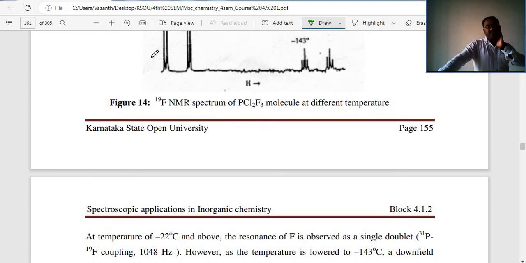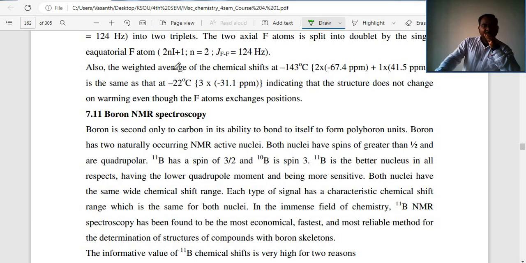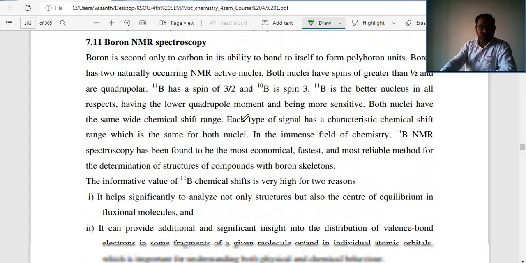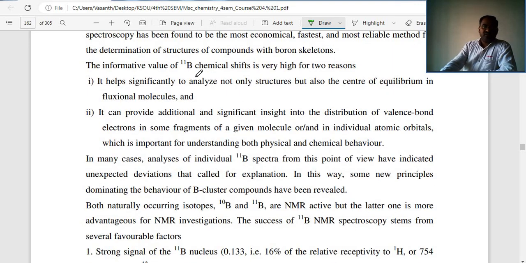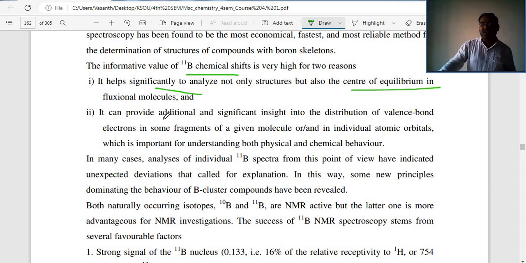Next we consider some important applications. In the case of boron NMR spectroscopy, the boron-11 chemical shift range is very wide for two reasons. Because of this, it helps significantly to analyze not only structure but also the center of equilibrium in fluxional molecules.